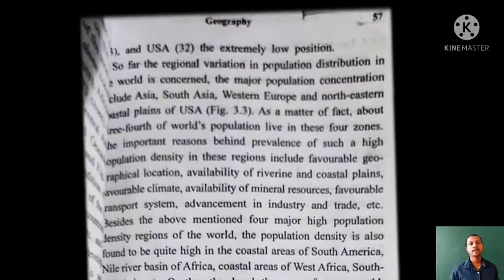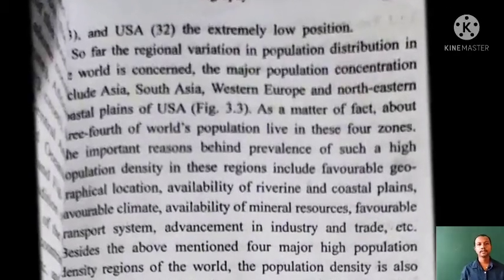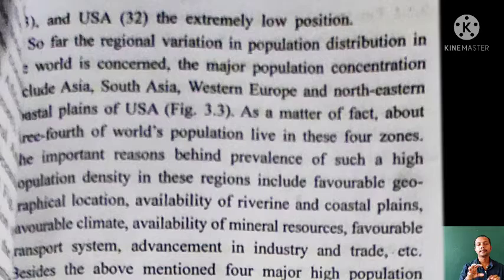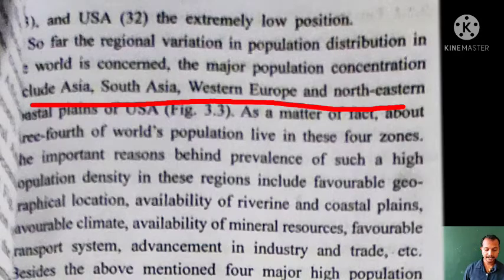If we look at it zonal wise, dear friends, in the world, if we look for the major areas where more population is found, 4 zones are made, and of those 4 zones: Asia, South Asia, Western Europe, and the northeast coastal plain of USA.